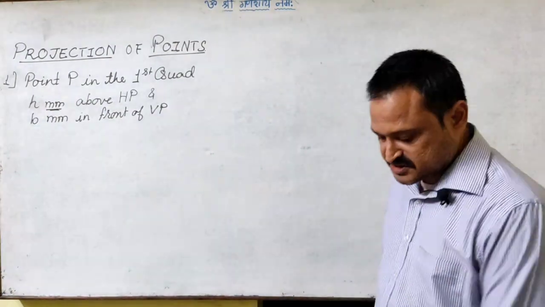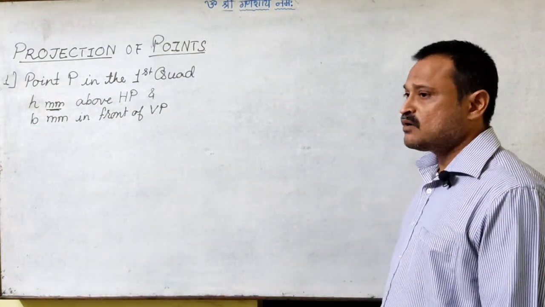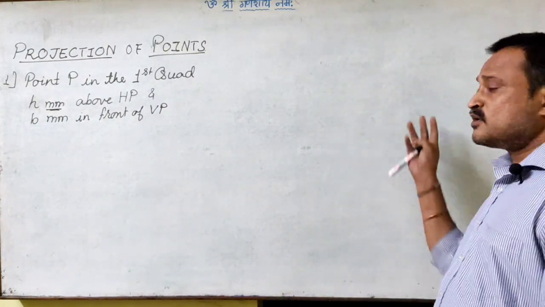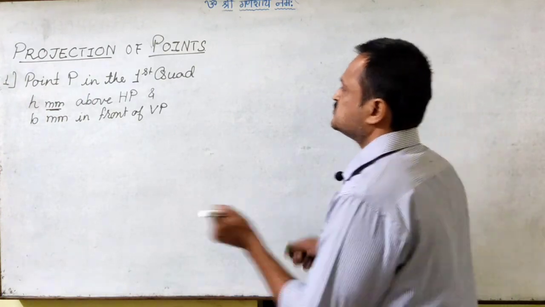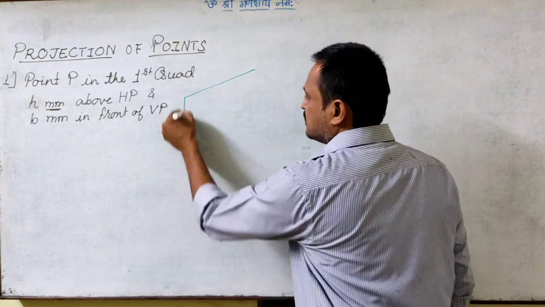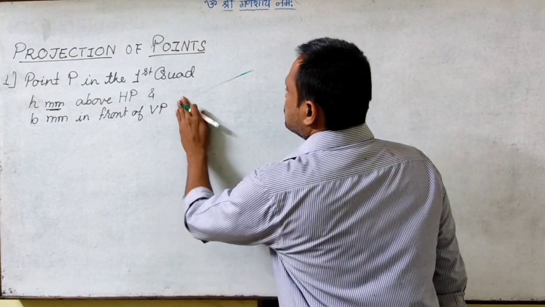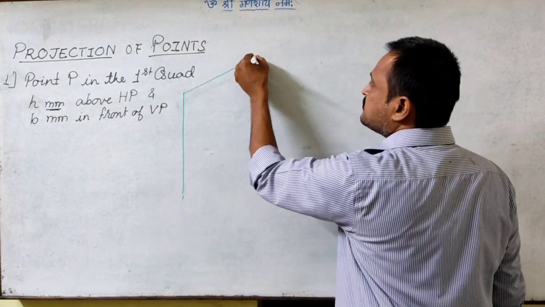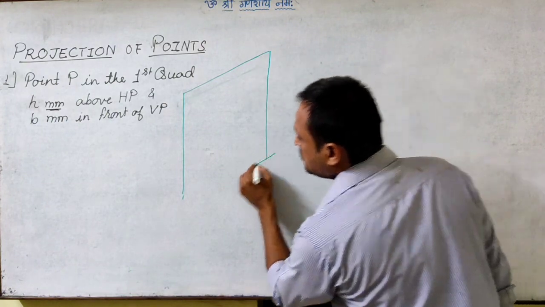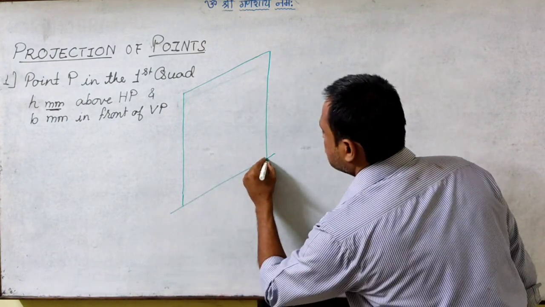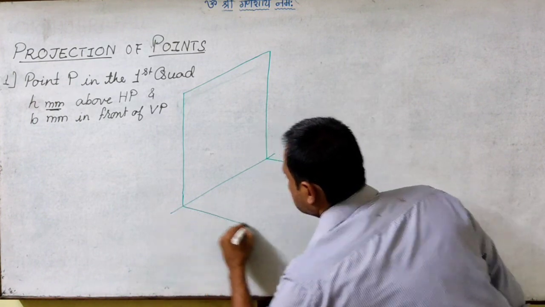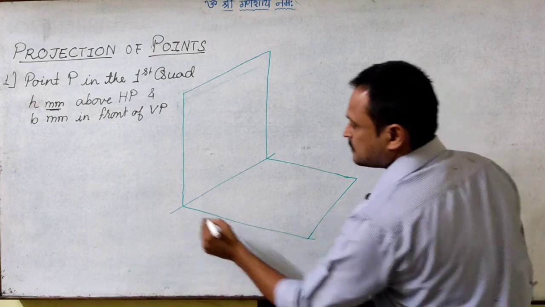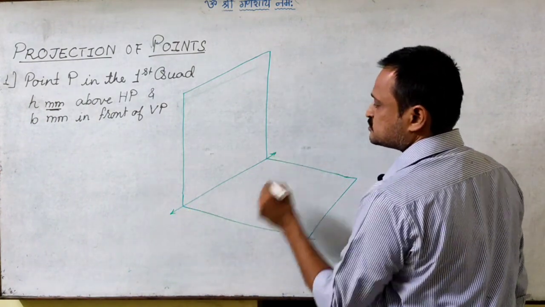So let us first try to understand how the images are to be interpreted for orthographic projection. First we will try to see the pictorial understanding. So this is the vertical plane, and we are considering only the first quadrant.